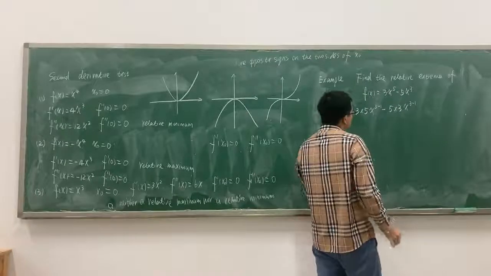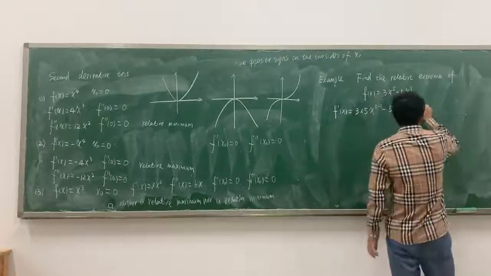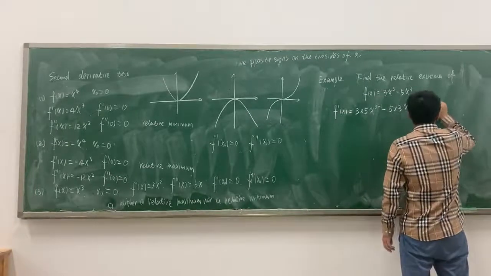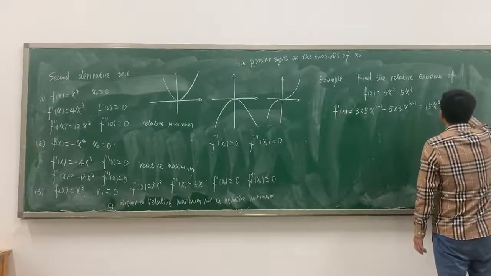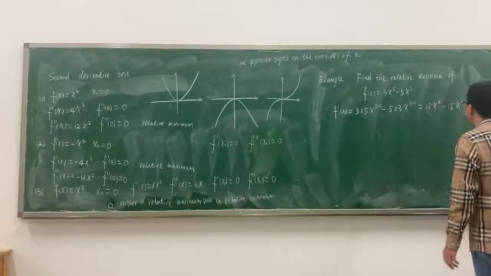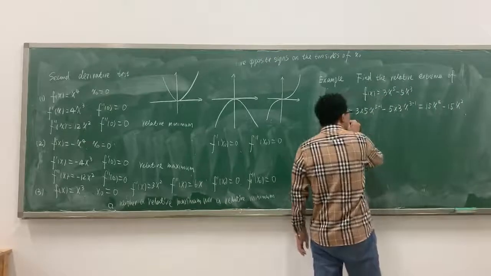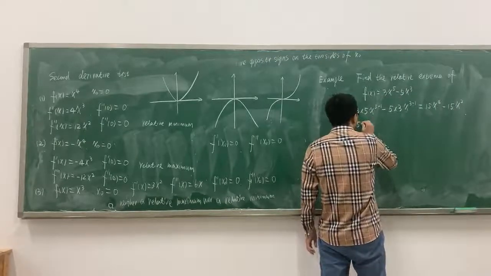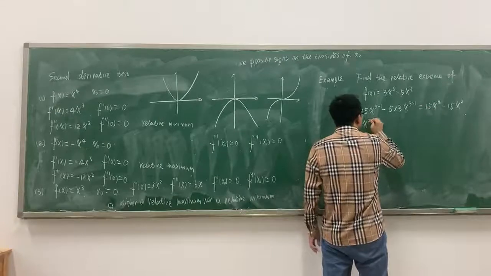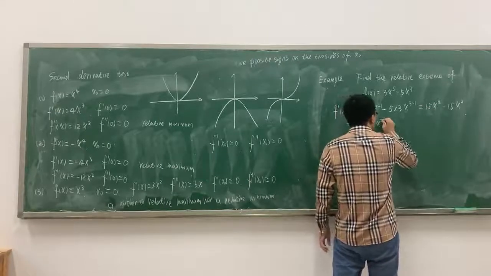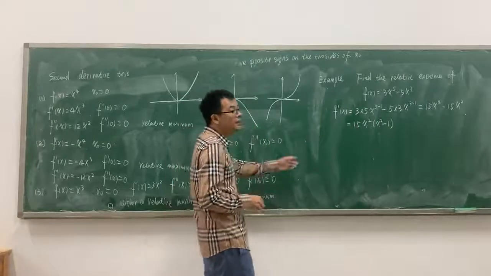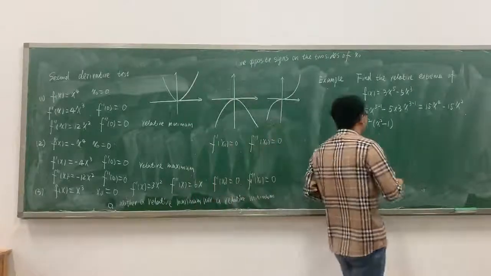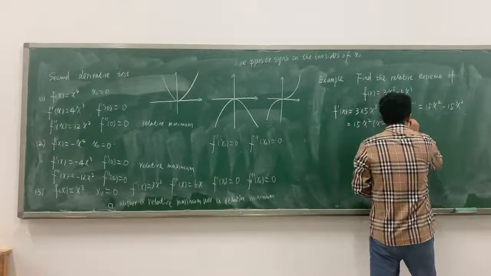So it is equal to 15x to the 4th power minus 15x squared. So the result is 15x squared times (x squared minus 1), and that is equal to 0.